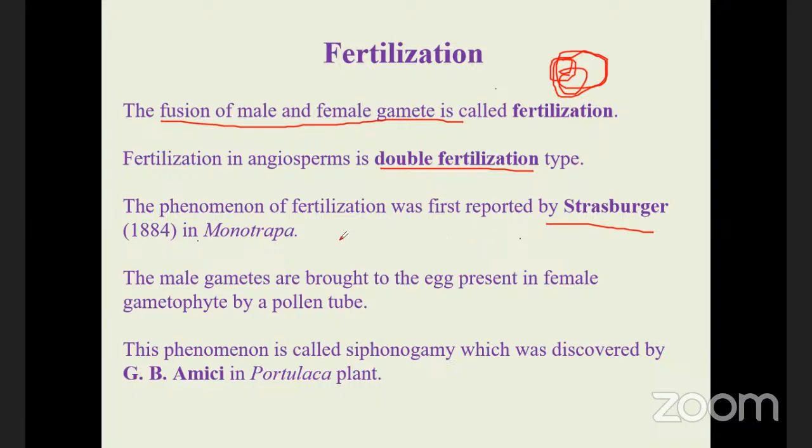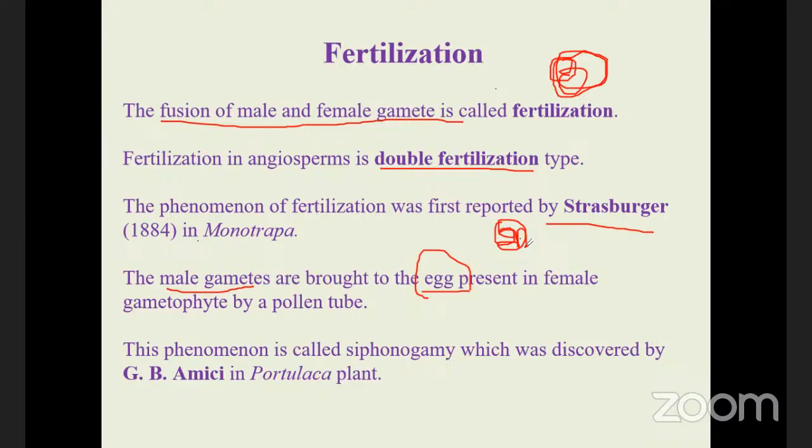Okay, you see, the double fertilization will take place. The male gamete fusing with the egg cell is called as syngamy. That is the first fertilization, so that it forms the embryo, the diploid embryo. N plus N, male plus female, diploid, 2N stage.